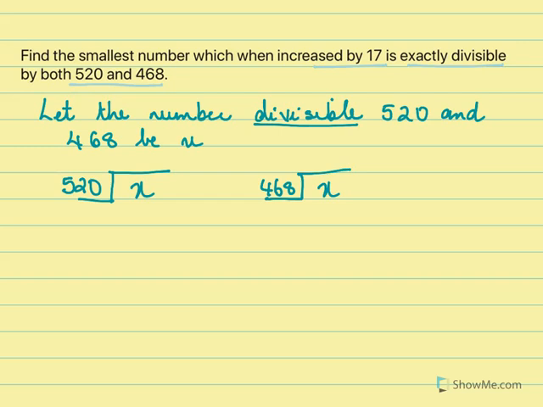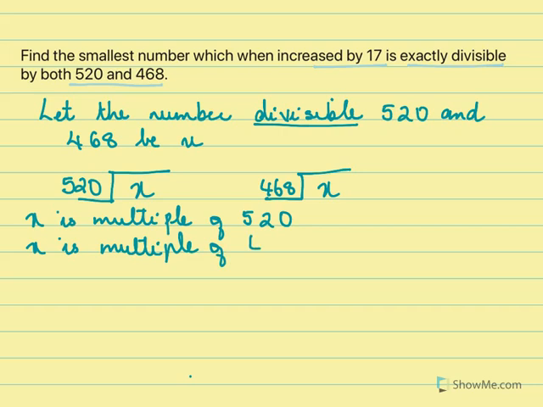So here we can say that x is now a multiple of 520, and here x is a multiple of 468, which means to find x we have to find the LCM.